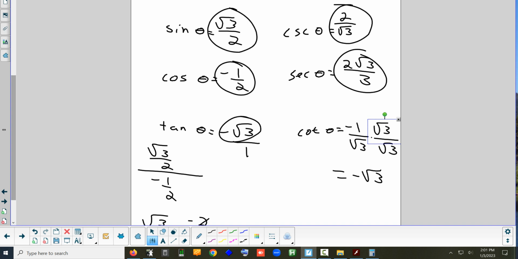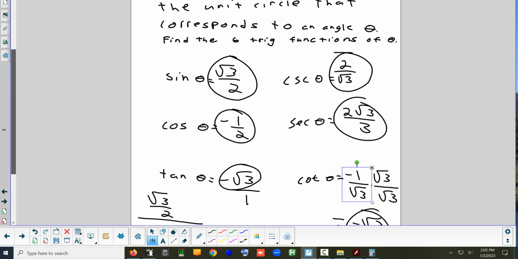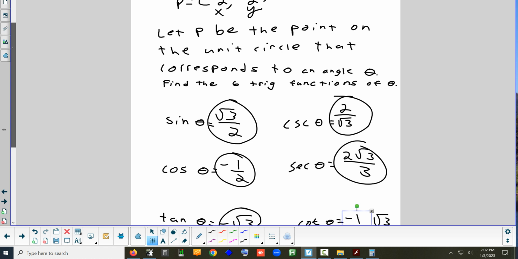Yeah, just 3, right? The square root of 3 times the square root of 3 is the square root of, multiply these two numbers together, square root of 9. But that's just 3.